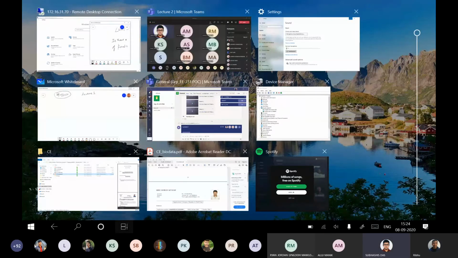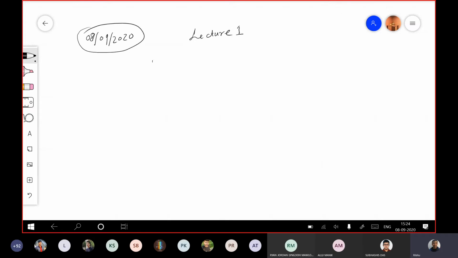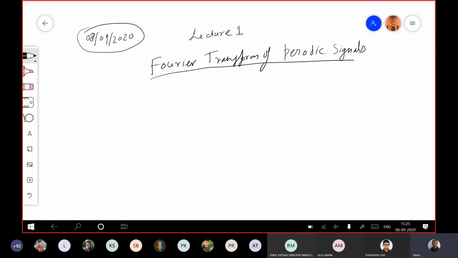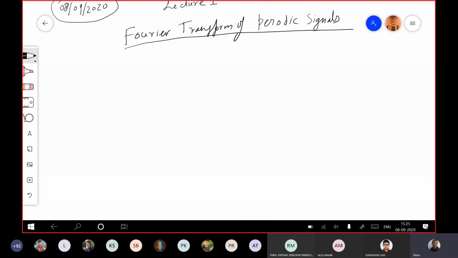Sir, we can do the Fourier transform of one period. Okay, but for doing the Fourier transform of one period, you will essentially be converting the entire periodic signal into an aperiodic signal, right?